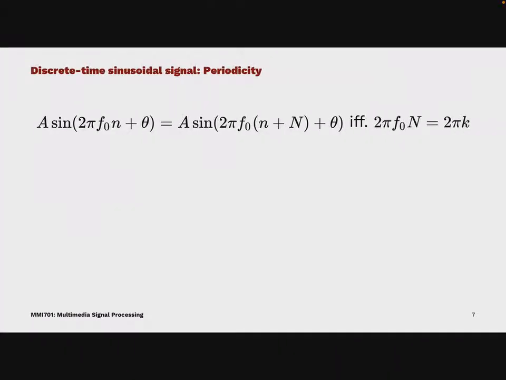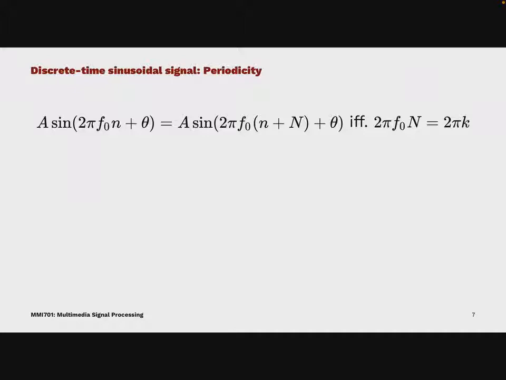So how about periodicity of our discrete time sinusoidal signal? Now, as in the continuous time sinusoidal signal, we are looking at lags for which the original signal has a value which is the same as the shifted version of the signal.